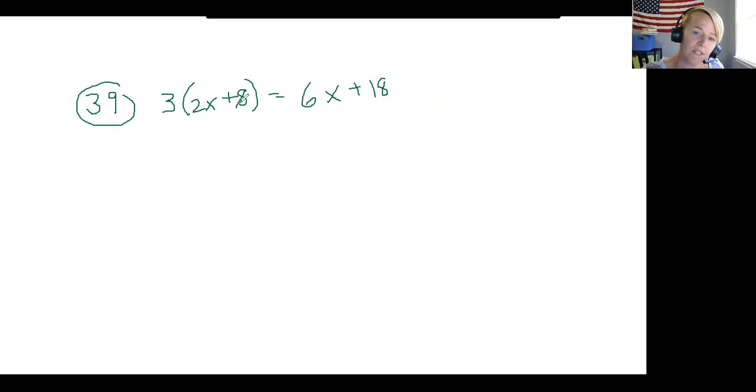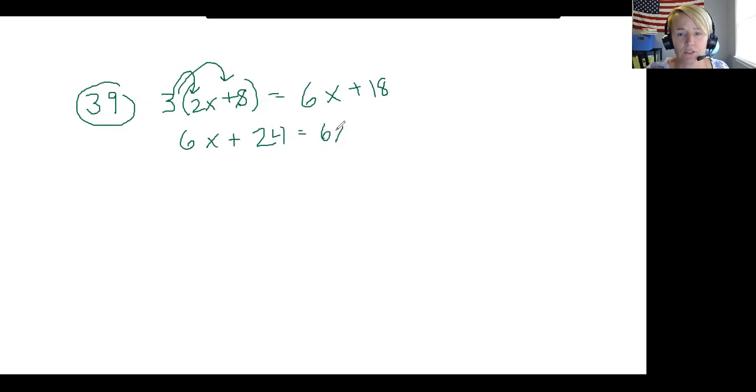Okay, I have to do parentheses, but I can't combine unlike terms, so I'm going to have to jailbreak by using the distributive property. 3 times 2x is 6x, and 3 times 8 is what, 24? Yeah, it is. Way to go, brain.